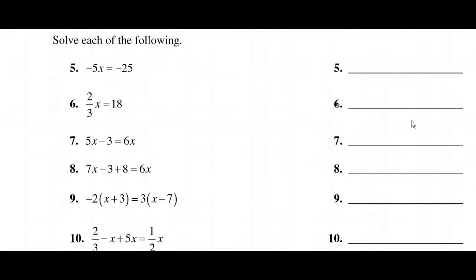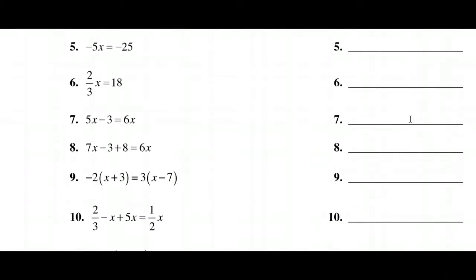Let's go on to start solving equations now, because that's mostly what we're going to do in chapter 2. Now, throughout all of these, we want to eventually get a 1x equals something, and we don't write the 1.